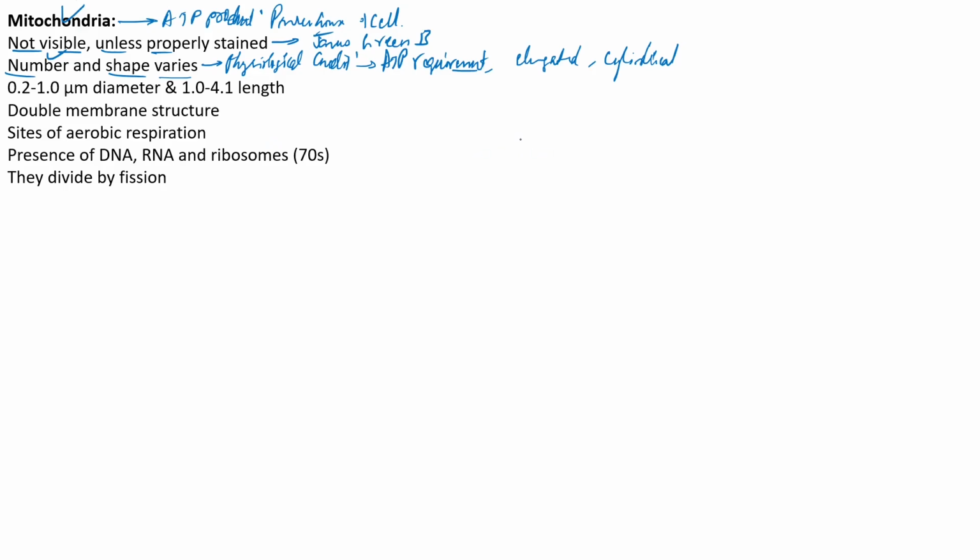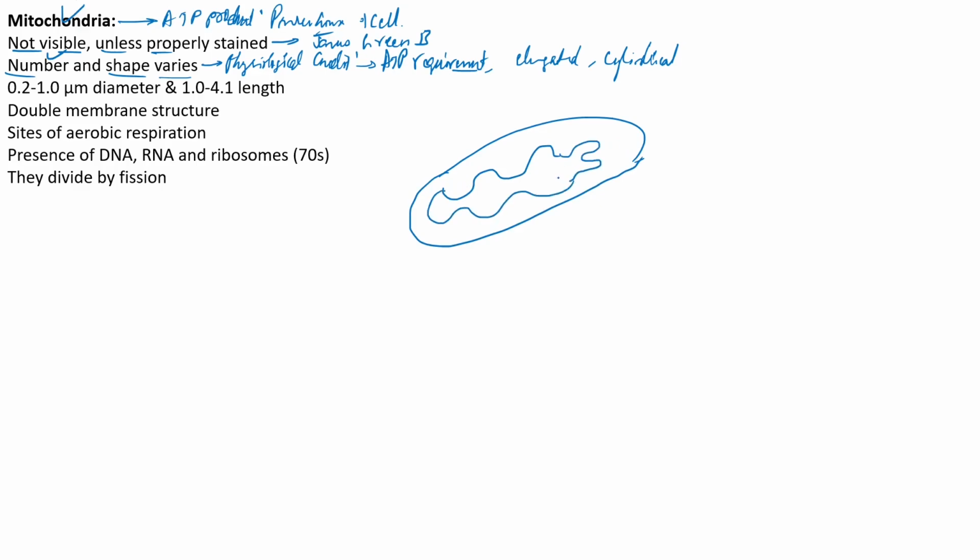Now if we try to draw a diagram of the mitochondria, this is a rough schematic representation, and this is how the mitochondria looks. This is an elongated elliptical shape that I'm drawing, or in some conditions quite cylindrical. Not completely cylindrical, elliptical we can say.